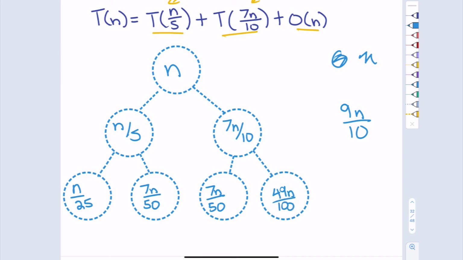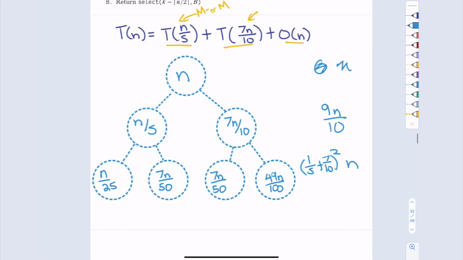If I add them all up, effectively we're taking the term 1/5 plus 7/10, squared, and each of the leaves represents one factor when you expand out the product. You have 1/5 squared, you have 2 times 1/5 times 7/10, then you have 7/10 squared. Sorry, it shouldn't be n over 5, it should be 1/5 times n. Which is 9/10.